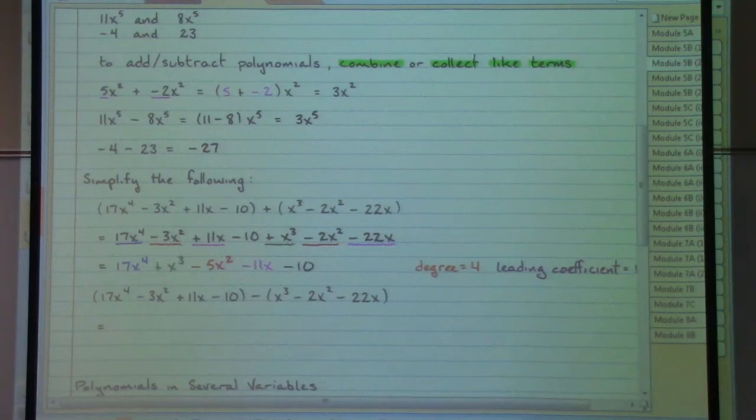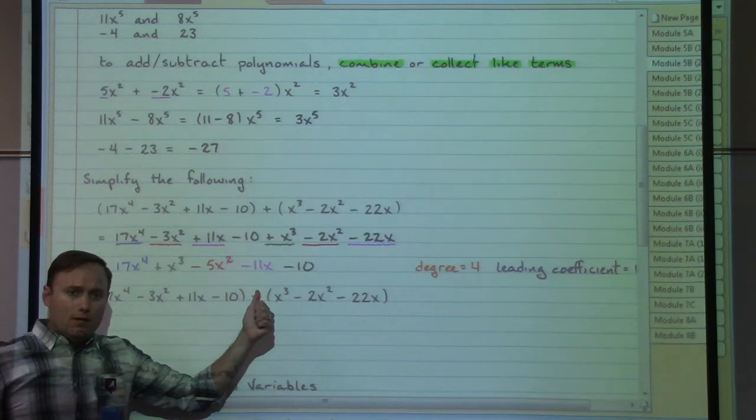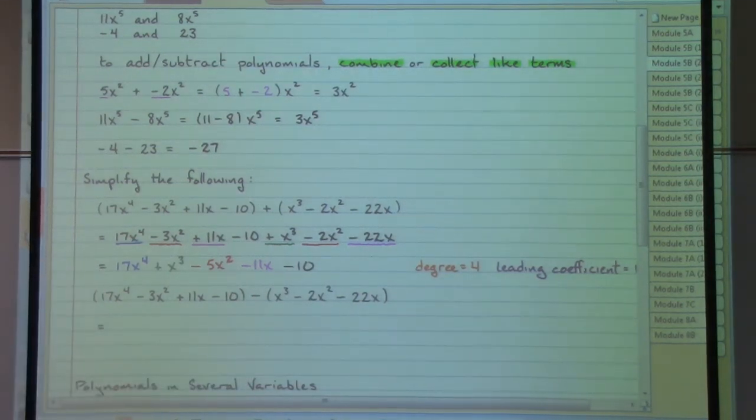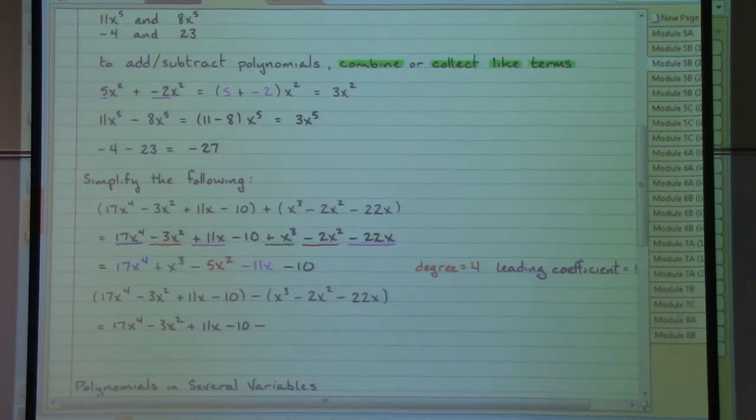The other example, subtraction, my comment to you, be careful with the subtraction problems. Remember to distribute your subtraction. So if we wanted to actually be super careful about working through that, our first set of parentheses can just be discarded, but our second set of parentheses, we need to make sure that we distribute our negative. So a minus with our x to the power of 3 turns into a minus x to the power of 3.